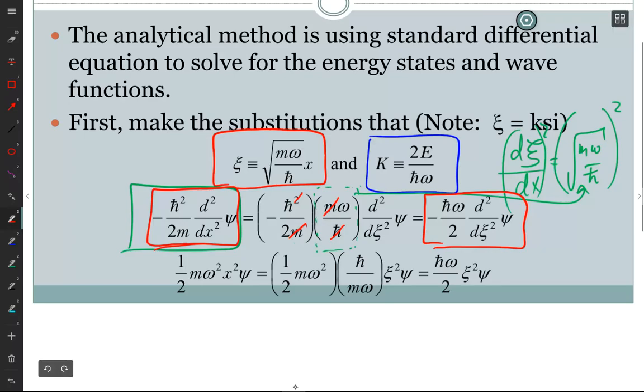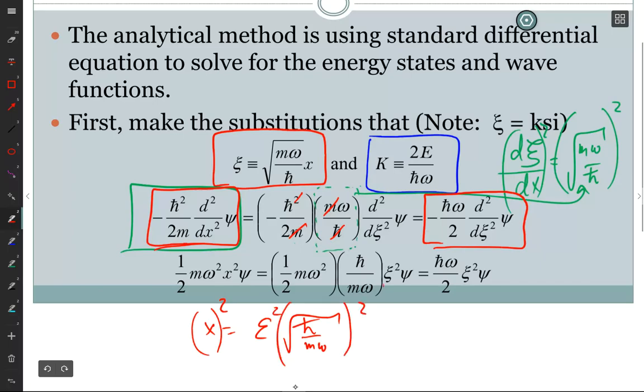The second term, 1/2 m omega squared x squared psi, well, all we have to do is change that x squared into a c squared, except we have this factor here again. Given the definition of c, x is equal to c times the square root of h bar over m omega. So x squared is going to have that.